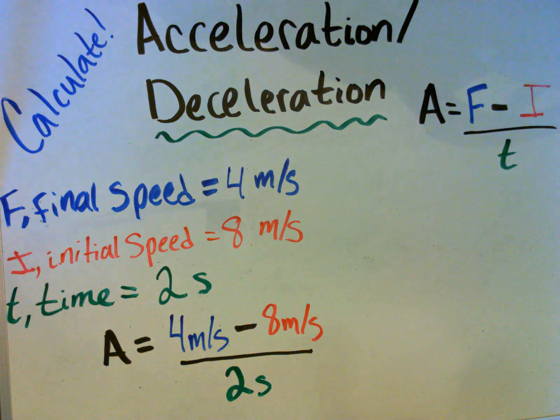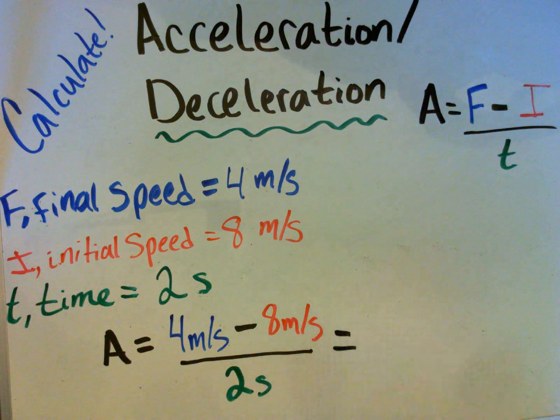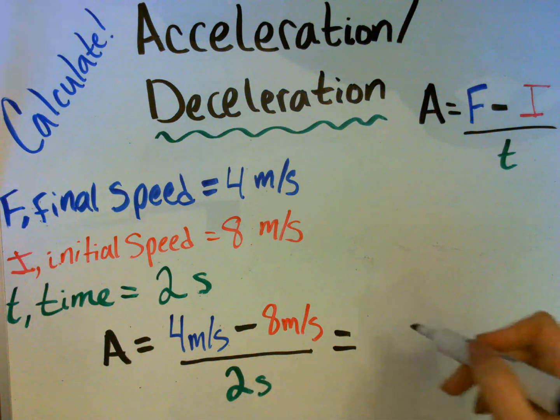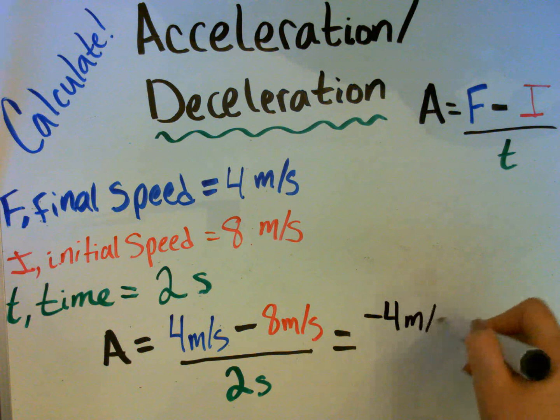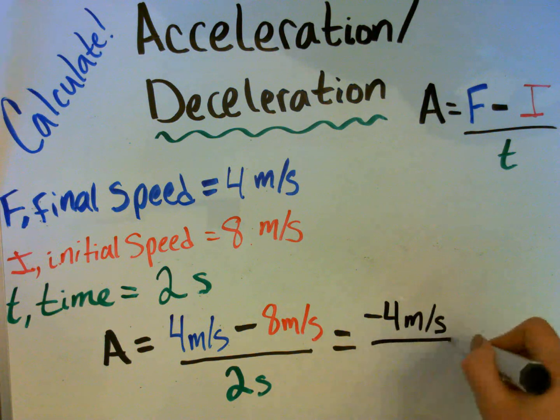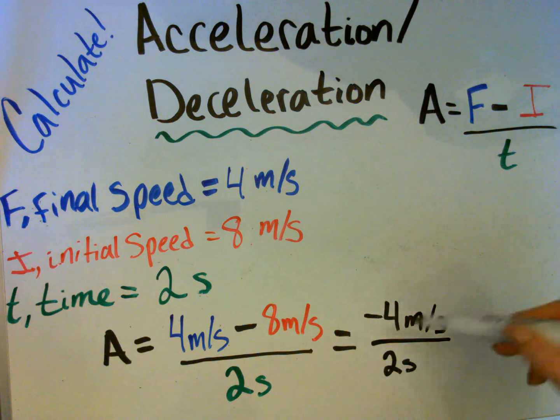We're going to solve this first one together. And then I'm going to do an example where you can do it on your own. So 4 meters per second minus 8 meters per second is going to give us negative 4 meters per second. We know then this is divided by 2 seconds. So what is negative 4 divided by 2?